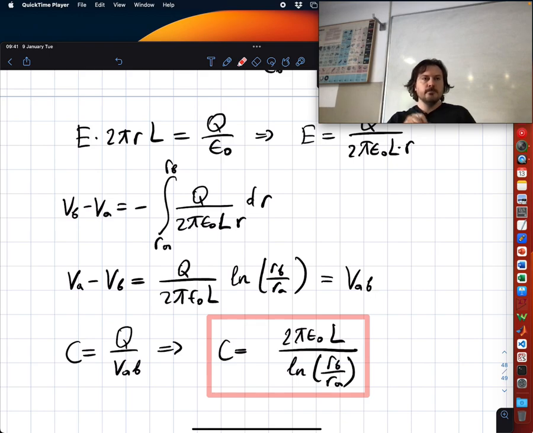Then VAB will be constant and Q will be changing. But the capacitance remains like this, in this formula. Capacitance depends only on geometric effects, ideally, right? And Q just adjusts itself with respect to the potential that we apply.